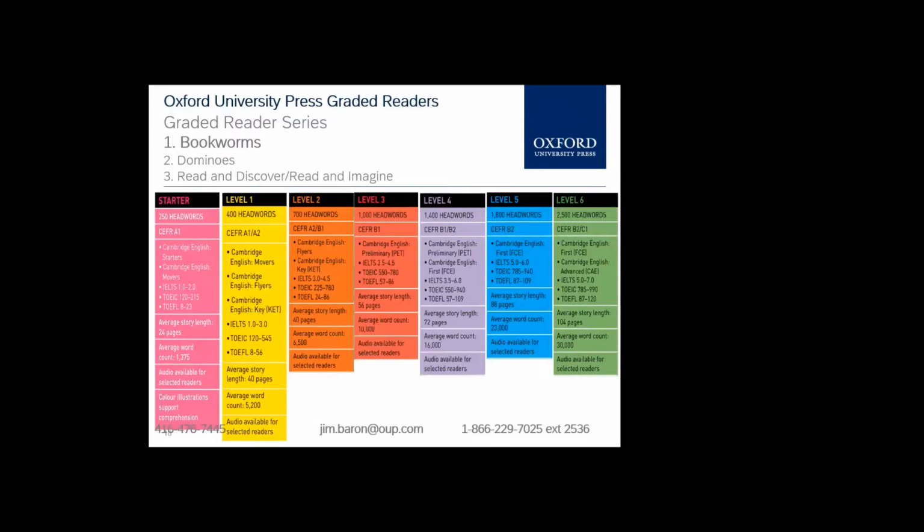So the book you just saw was from our level 1, and the series ranges from starter through to level 6. So you can see here, these levels correlate to a number of different language metrics. There's a CEFR on there, there's IELTS, TOEFL. They're not explicitly correlated to the Ontario curriculum because it's a global product, but the range goes from very low, you can see an IELTS 1 in the starter level, all the way up to, in our level 6, you're maybe at an IELTS 7 and you're almost fluent.